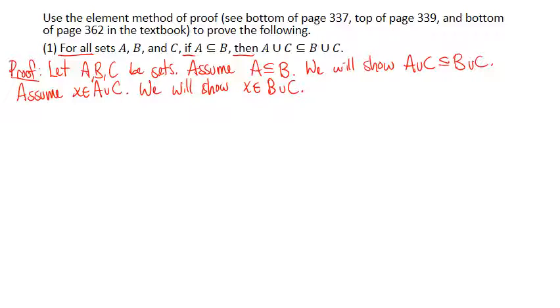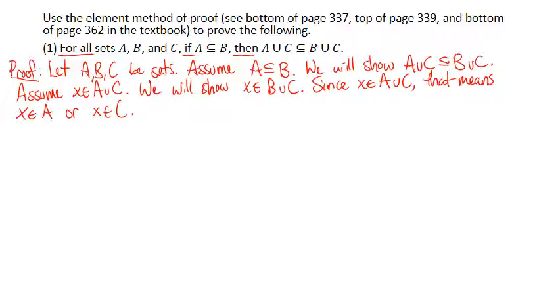Okay, so what do we get from this assumption? Since X is an element of A union C, that tells us that either X is in A or X is in C, or it could be both, but that's covered by the or statement. Or is always inclusive. It includes the possibility of both.